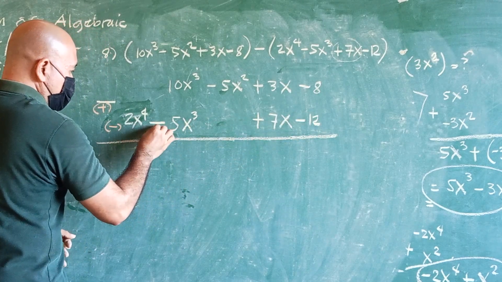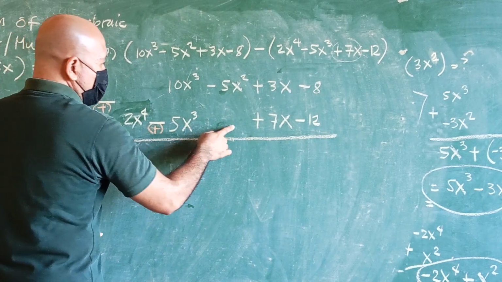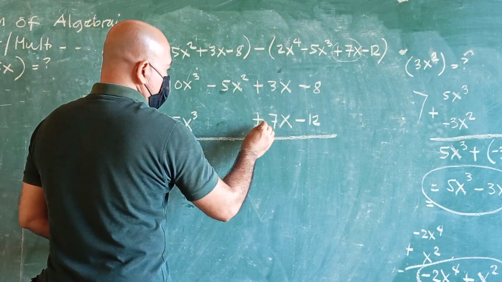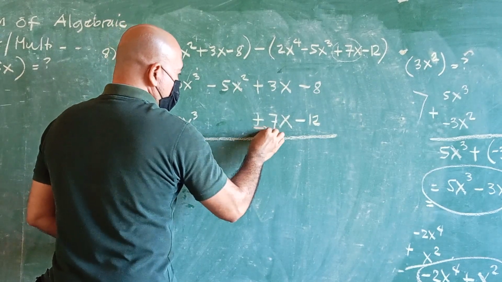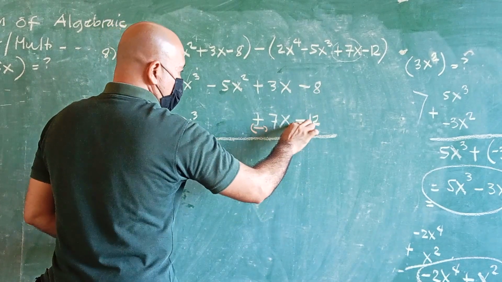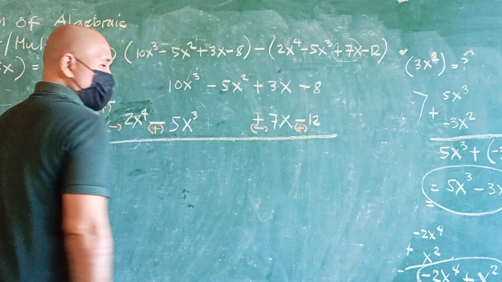So from minus, it will become positive or plus, and there is no term here, so you proceed to 7x. From plus or positive, it becomes minus or negative. And from this one, from minus, it will become plus also.